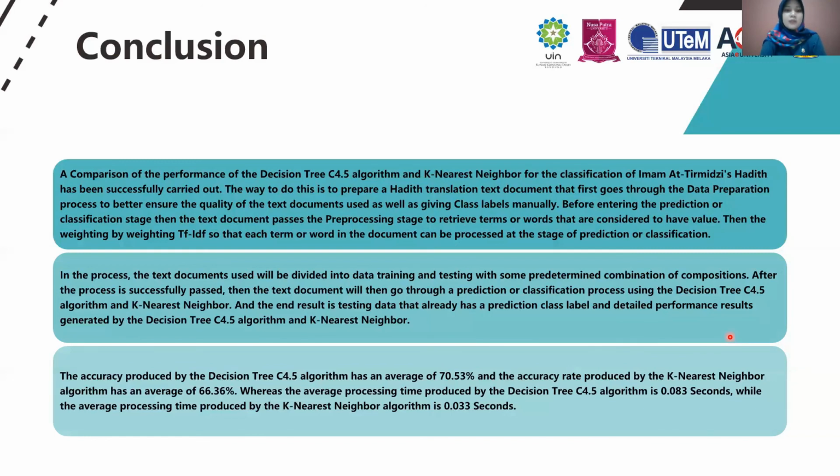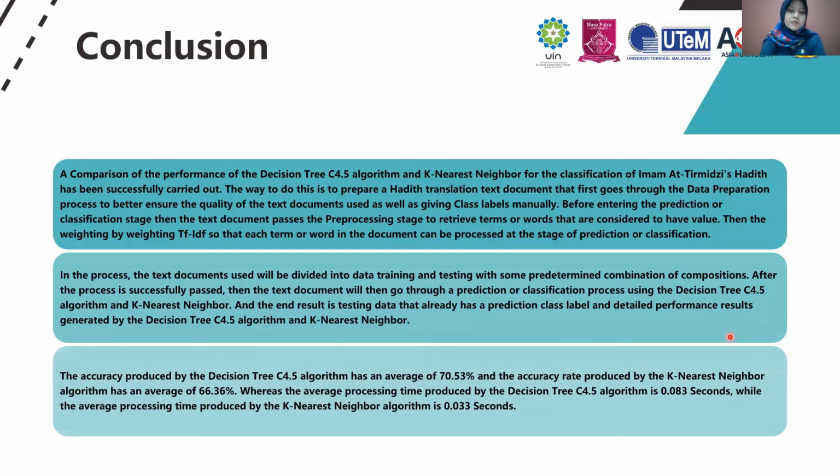It means that decision tree C4.5 is better than k-nearest neighbor in classifying the validity of hadith.